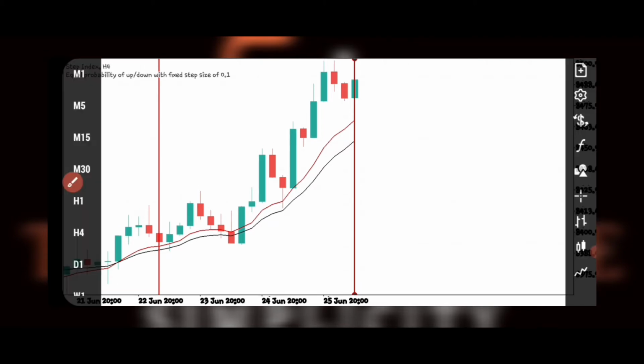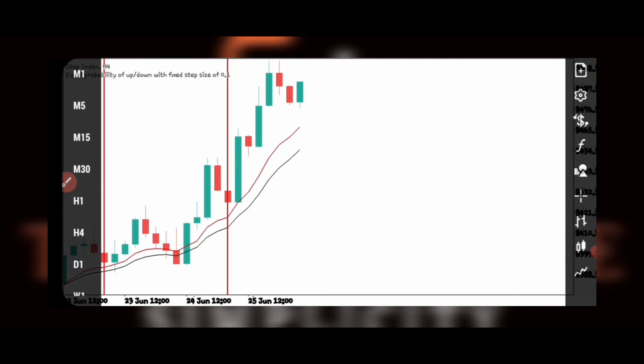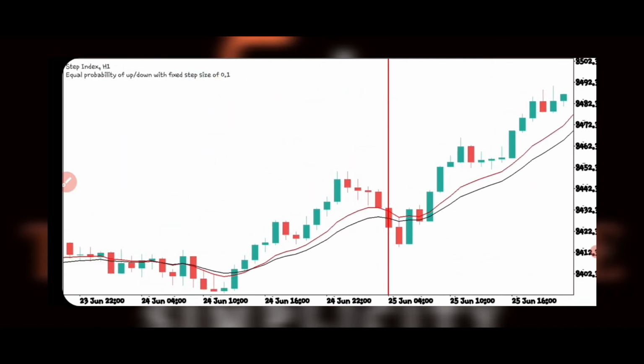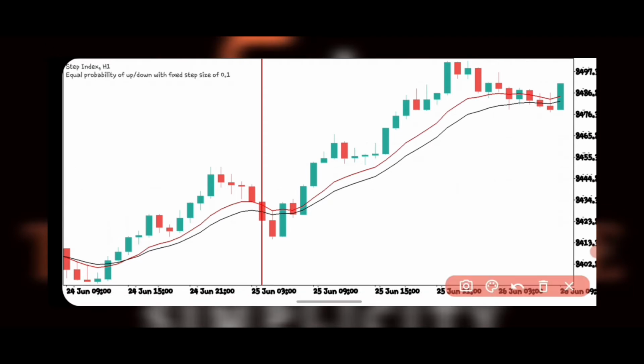This is where we are having the rejection, right here. Then I'll go to 1R. What I want to see on the 1R time frame is price closing above the 2 moving averages. So here we have that, a close above the 2 moving averages.